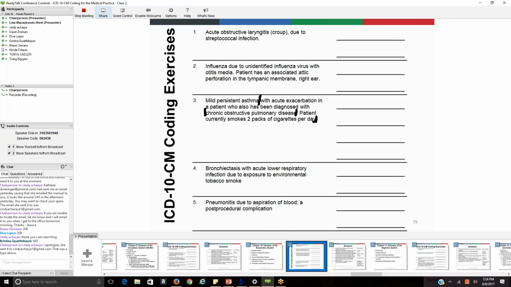Or you can look it up under disease. If you go to disease, I would then go to pulmonary, and that's on page 105, and that's in the third column, about halfway down, chronic obstructive, J44.9.